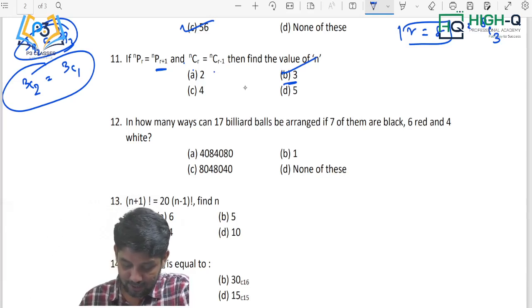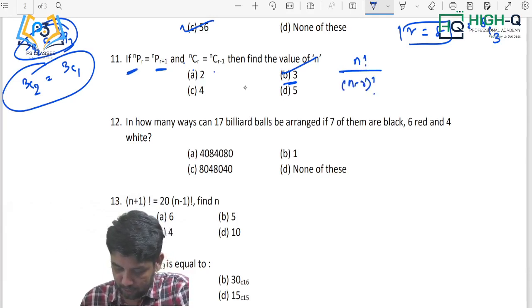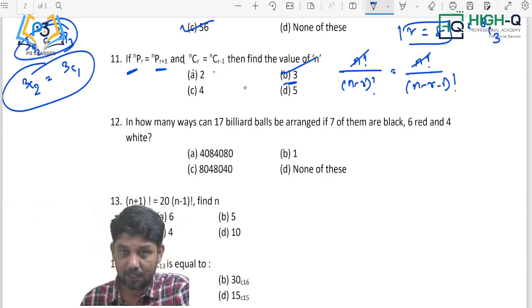Fine, still. Sir, I want to use the actual method. Okay. n factorial divided by (n minus r) factorial on the left-hand side is equal to n factorial divided by (n minus r minus 1) factorial. These two get cancelled.